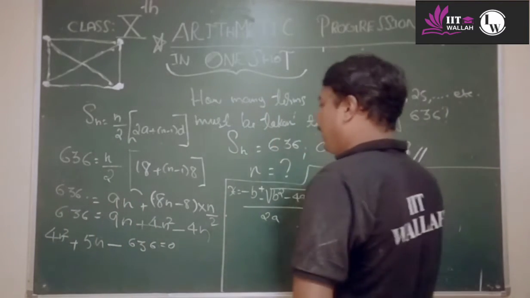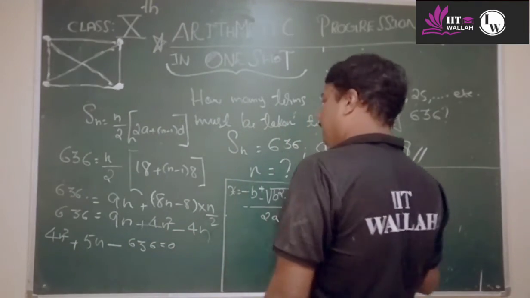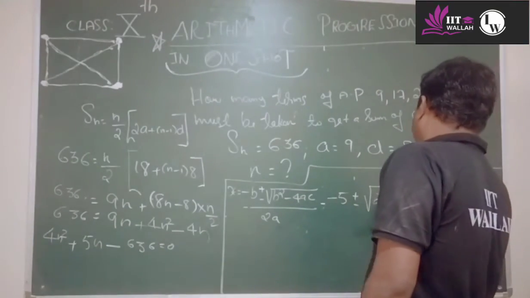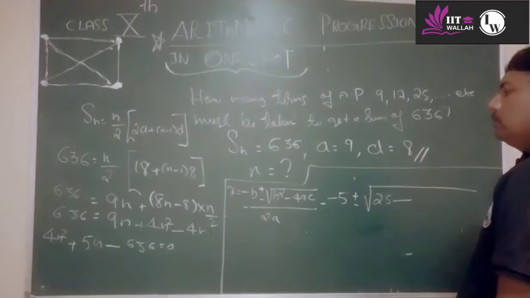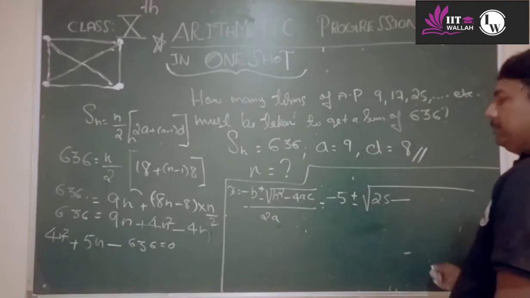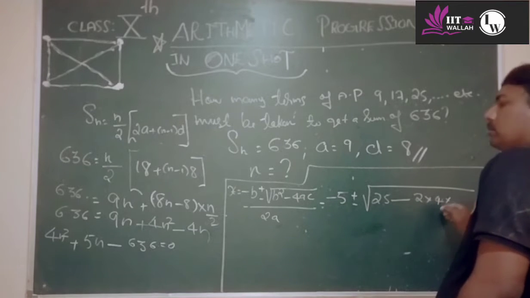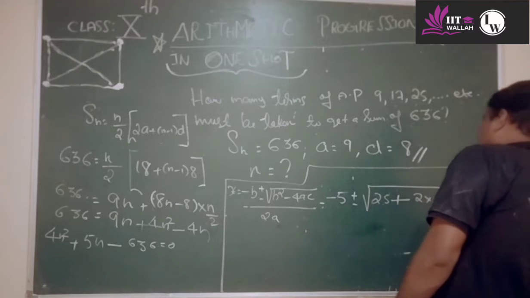Minus b means minus 5. Minus 5 plus or minus root of b squared, 5 squared, minus 4ac, that is 4 into 4 into minus 636, so this will become plus 636 into 16.